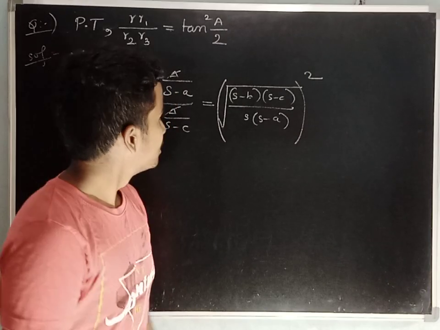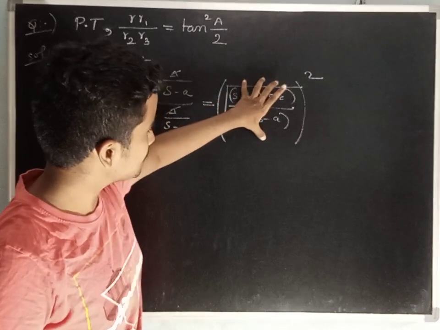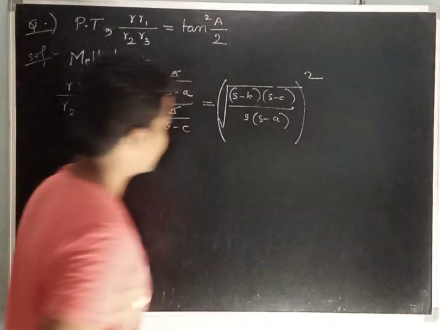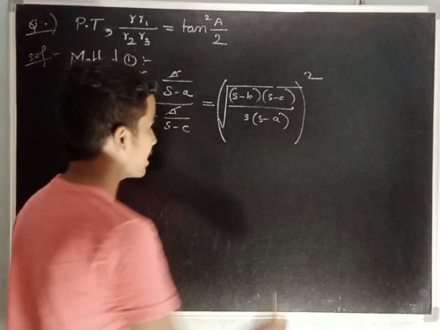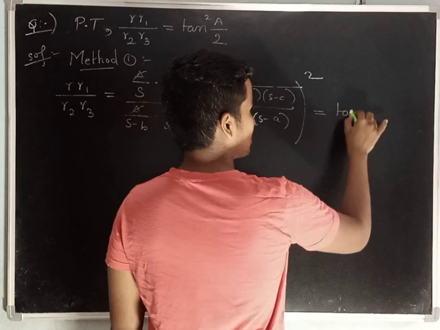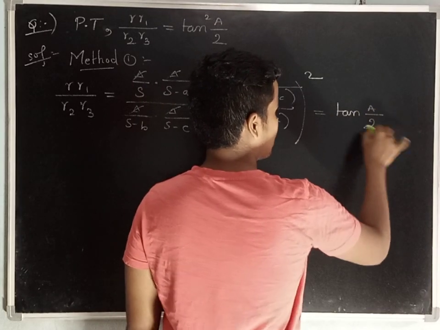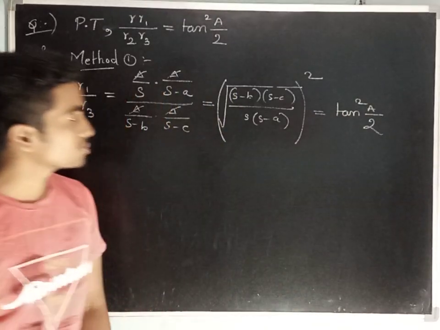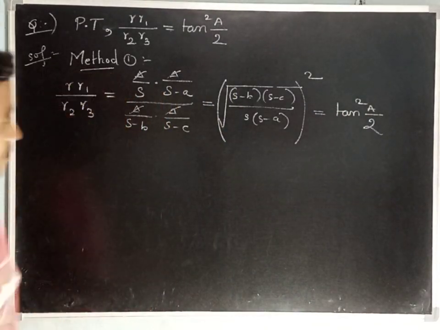The thing in the bracket represents the form of tan A by 2. Tan A by 2 whole square, which is nothing but tan square A by 2. This is method 1.